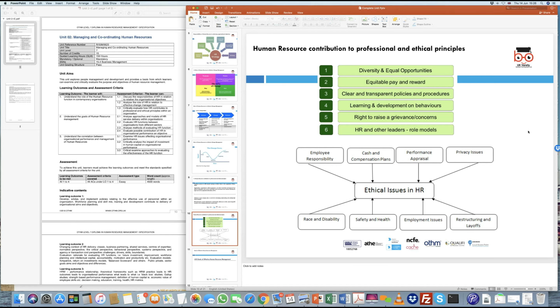These are all covered under what is called ethical issues in HR. And this is what we are studying: as an HR manager, you are responsible not only for ensuring that you follow these principles of ethics, but also for seeing their implementation within the organization.